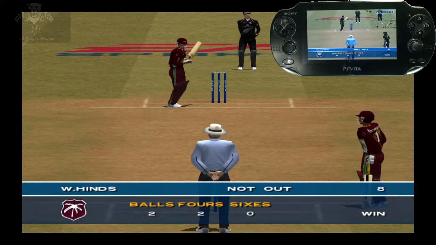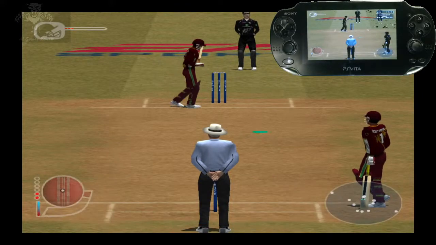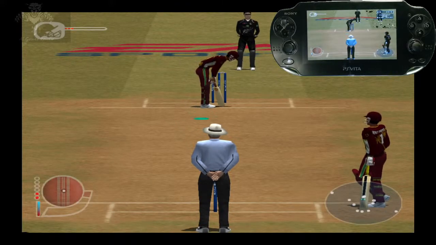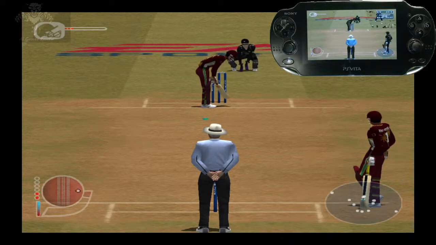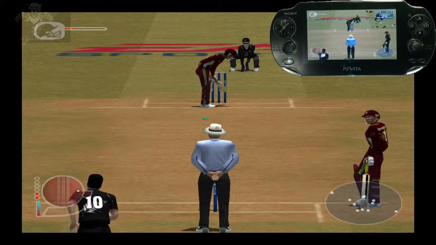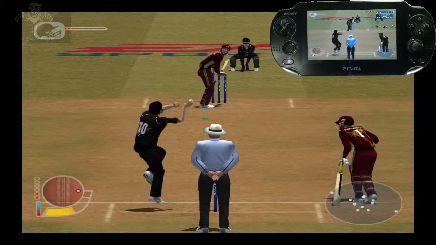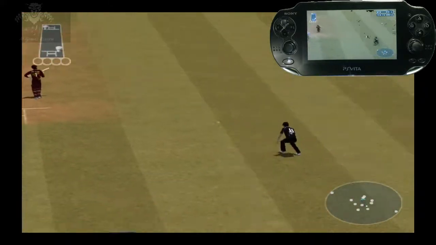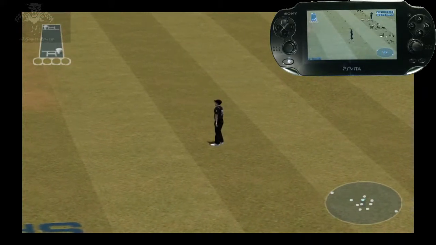Hines waiting at the striker's end. Hit straight to the fielder.